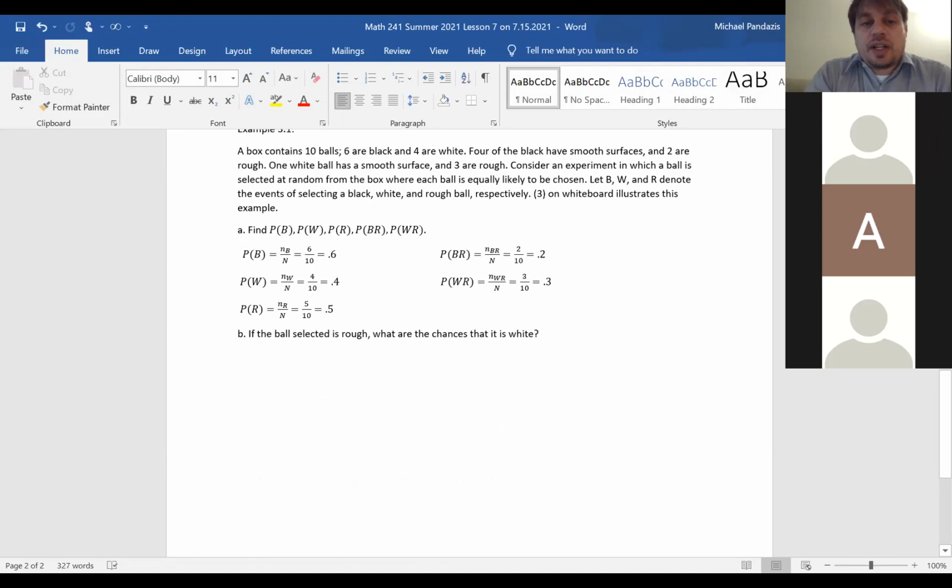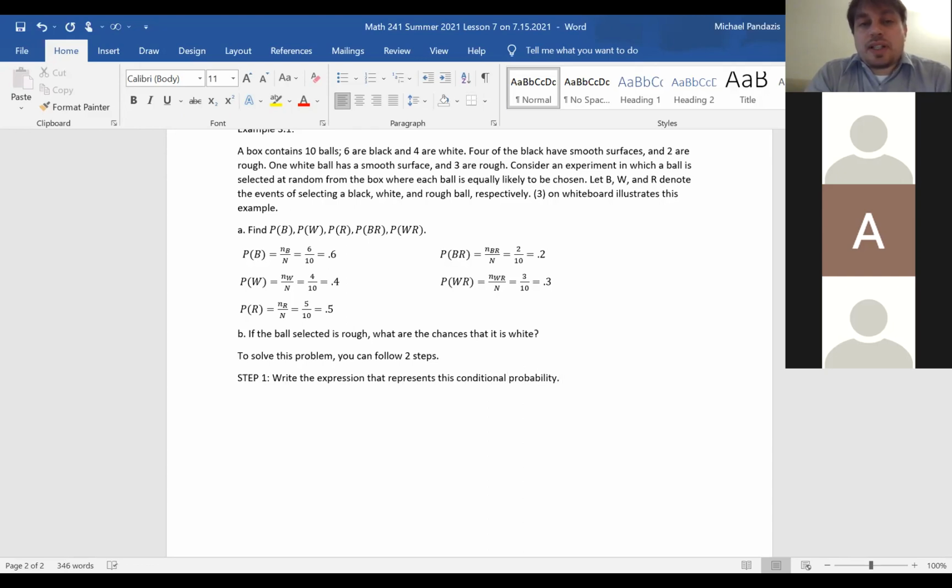Okay, so to solve this problem, you can follow 2 steps. Okay, step 1, write the expression that represents this conditional probability.